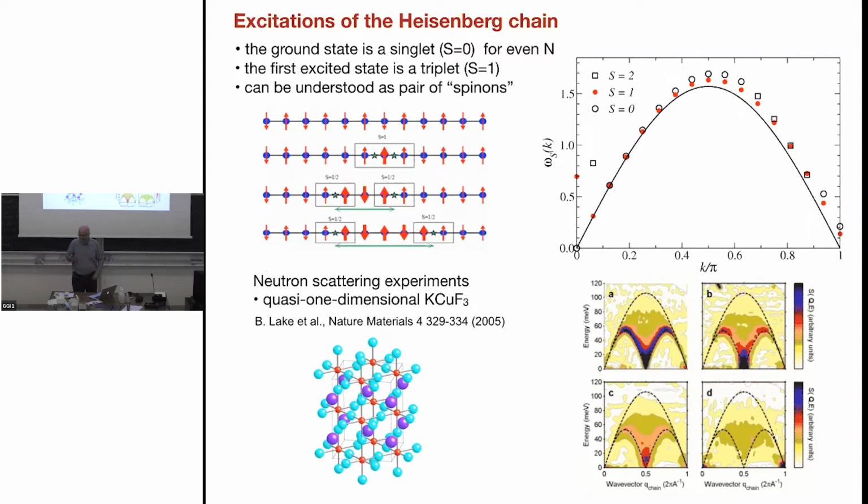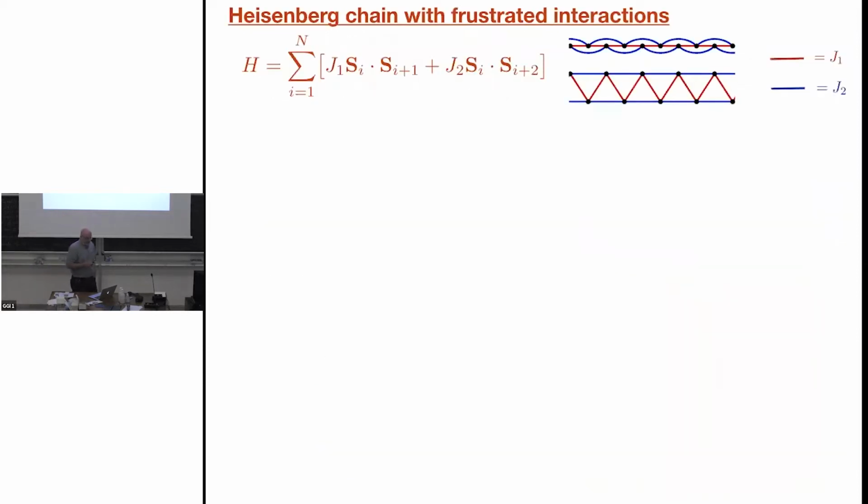So the arcs here, the black solid and dashed curves, are the theoretically predicted regions in momentum-energy space where these spinons should show up. So this is sort of a confirmation that one can see this kind of one-dimensional physics experimentally.